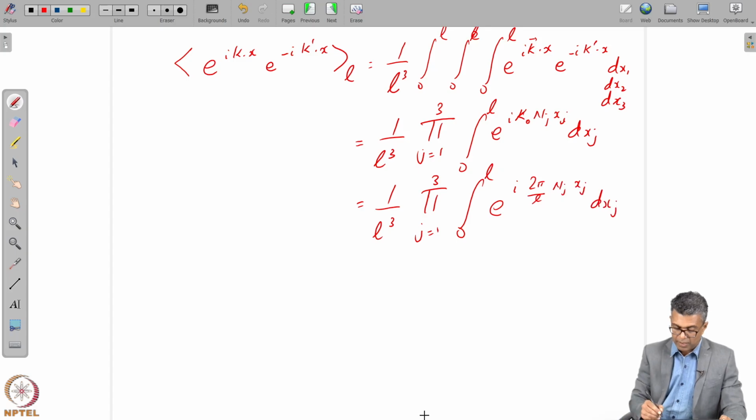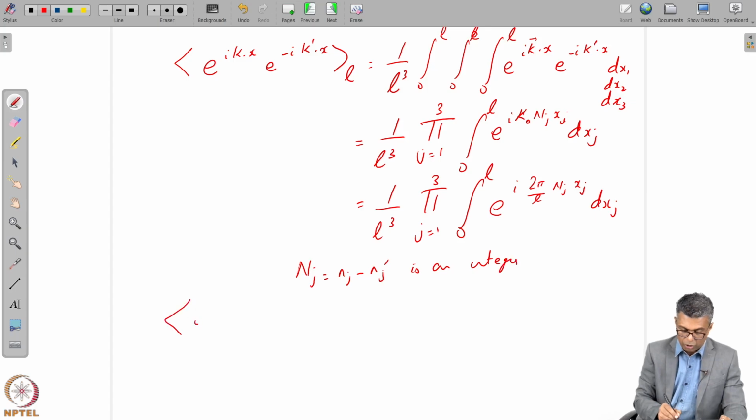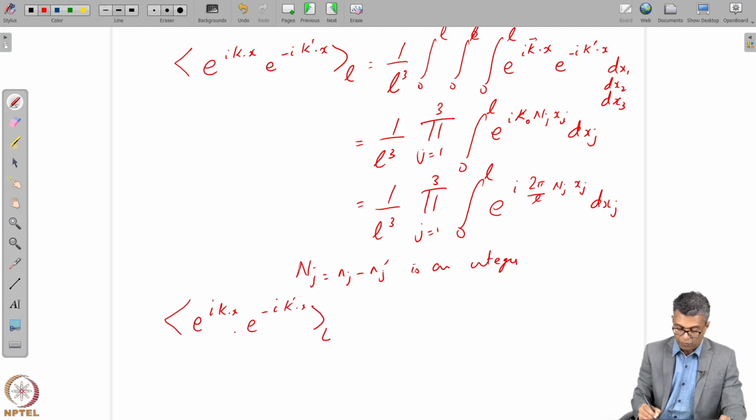Now here this n j is basically n j minus n j prime, and this is an integer. So in order to prove the orthonormality property, I have e to the i kappa dot x times e to the minus i kappa prime dot x. This volume average is basically going to be equal to, what is it going to be equal to?